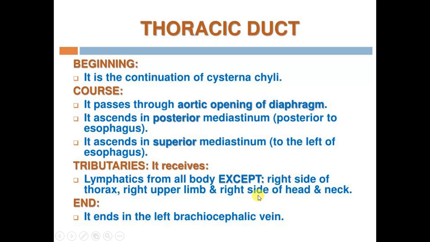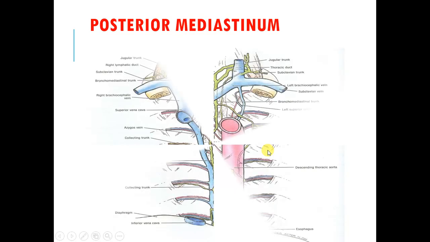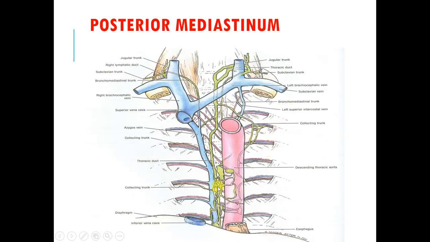That is, the right side above the diaphragm will be drained by the right lymphatic duct; otherwise the whole of the lymph from the body is drained by the thoracic duct. It ends in the left brachiocephalic vein. Here is a diagram showing the course of the thoracic duct.